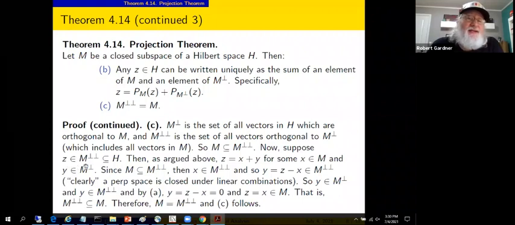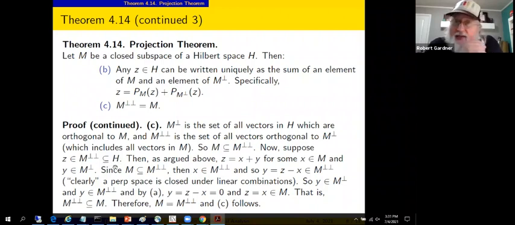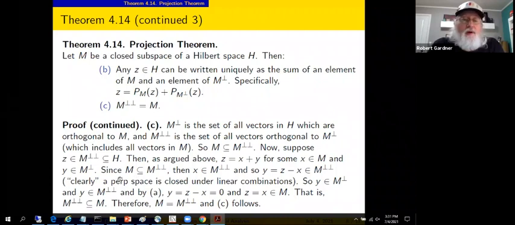So suppose we take Z to be in M perp perp. Then Z is an element of H because all these things are subspaces, certainly subsets of the Hilbert space capital H. We just saw that we can take Z and write it as X plus Y for some X in capital M and some Y in M perp. Part B: there exists such a representation. We know M itself is a subspace of M perp perp, as argued above.